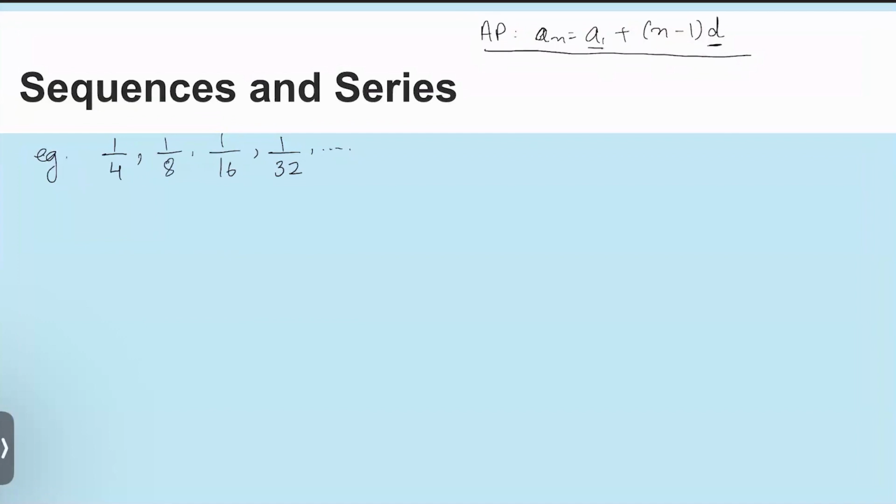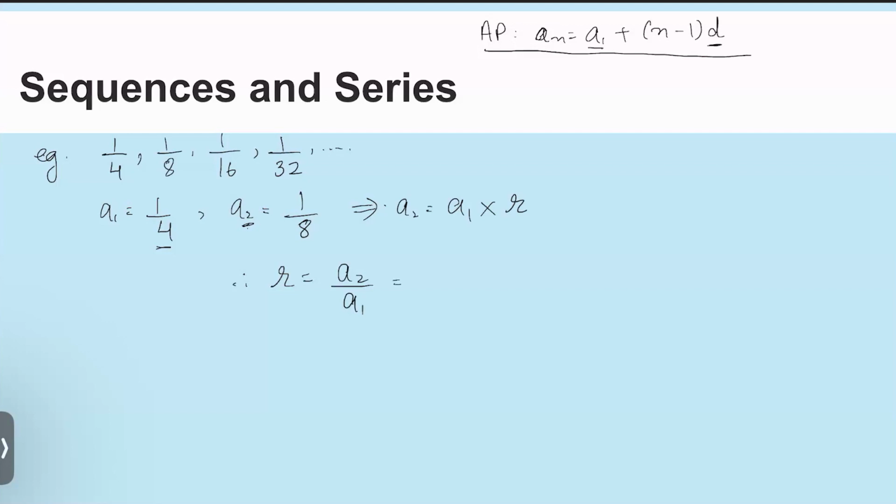Your A1 is 1/4 and your A2 is 1/8. As we know, A2 would be A1 multiplied by something. Let's consider this as R. Therefore, R is equal to A2 by A1.